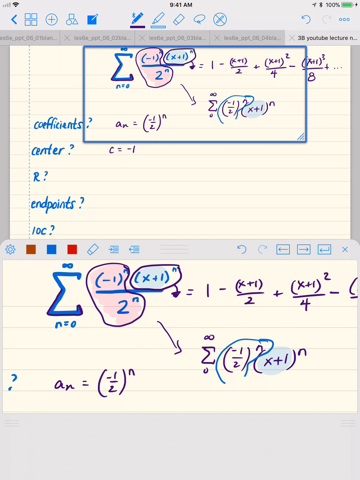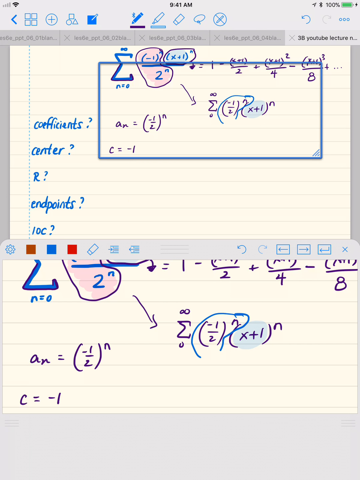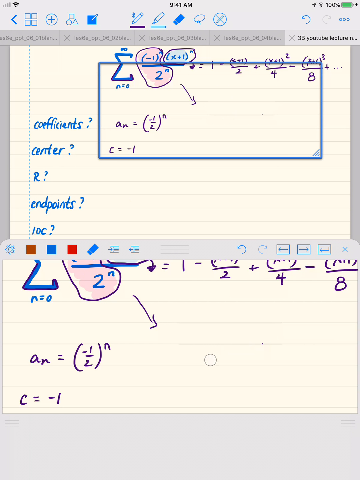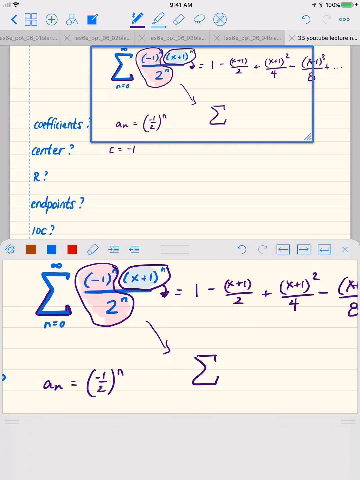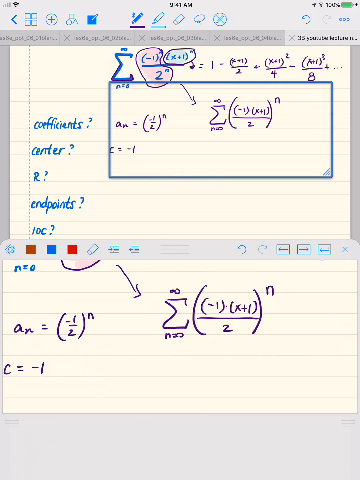So if I apply the root test to this entire power series, because look, I can rewrite this power series as negative 1 times x plus 1 divided by 2, and all of that to the nth power.